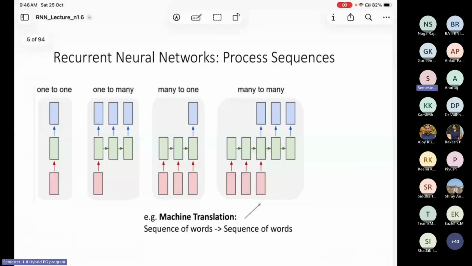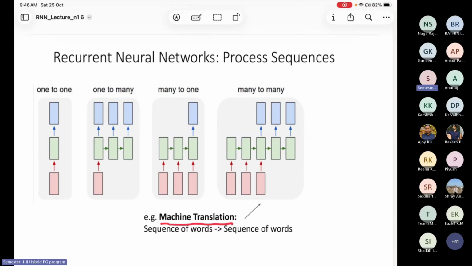Then we could have a many to many problem, where we have multiple inputs and multiple outputs. Just take one example: machine translation. You have to translate one language to another. Give a sentence or paragraph in one language.